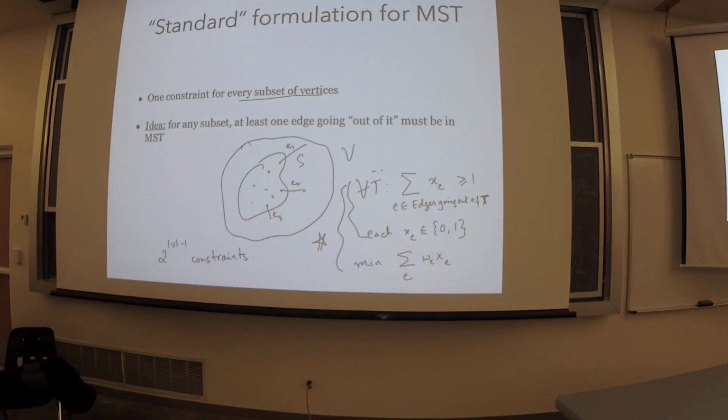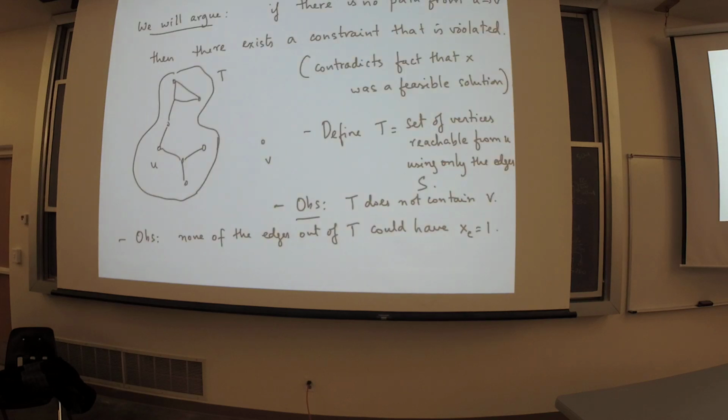And we have exhibited a set where none of the edges going out is included. Okay, and that's the contradiction. So we've come up with a constraint that's violated. I see some people not convinced, so I'll pause here for a bit and you can ask.